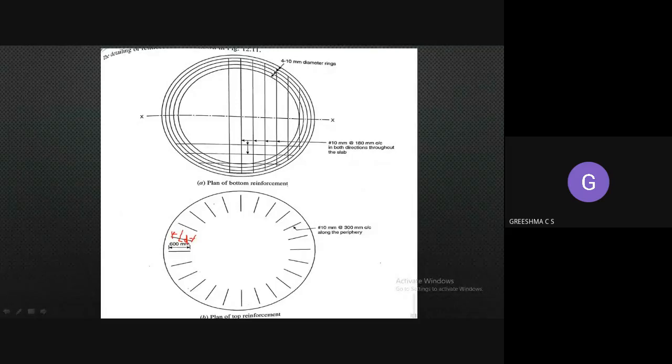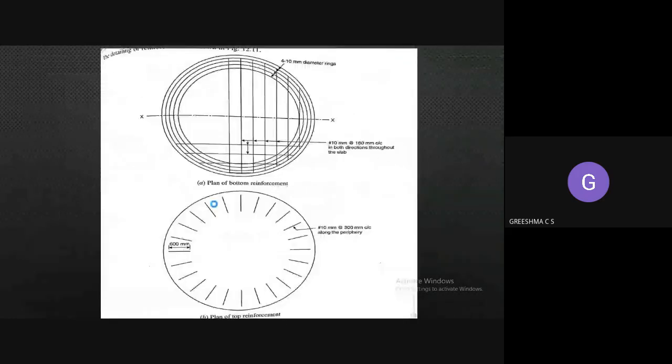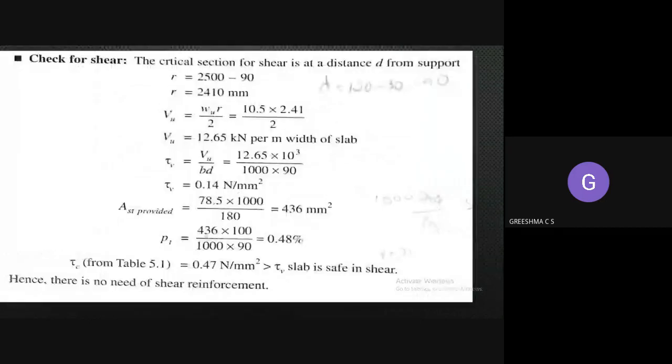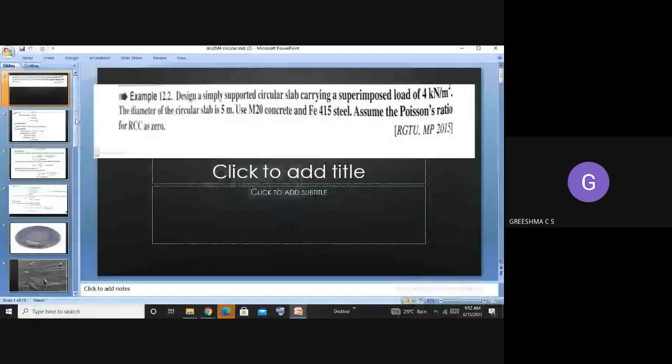This is how you provide the reinforcement.